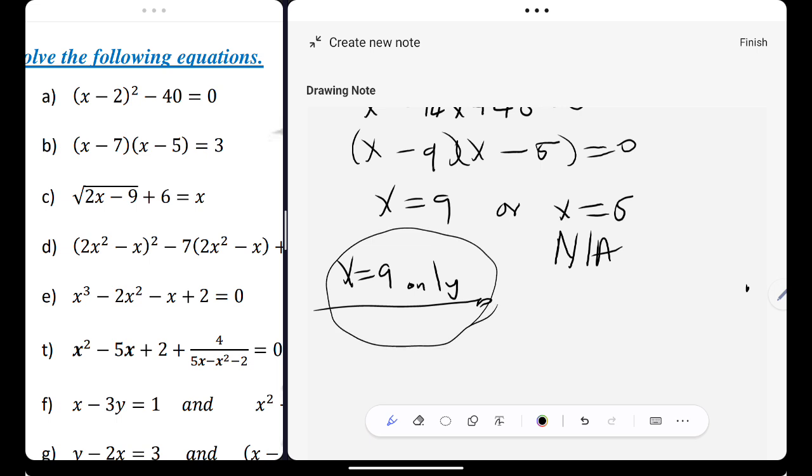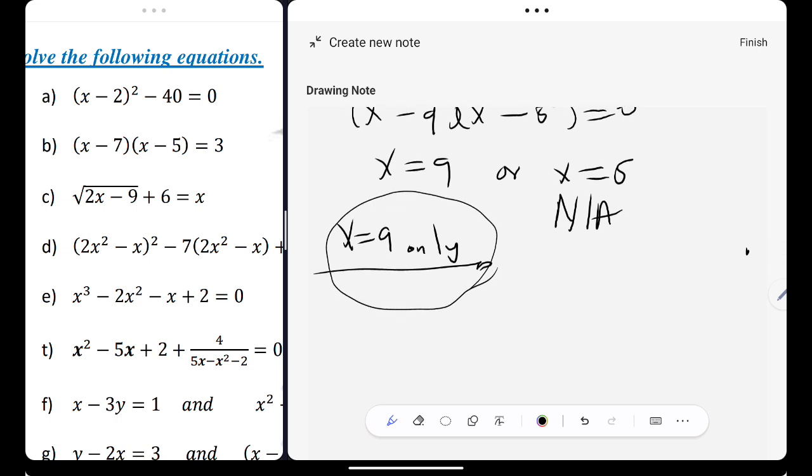If you want to, you can just check on both sides. Substitute if you have the square root of 2x minus 9 equals x minus 6 here. You can substitute both the x values. You can start by substituting 9 whenever you see x. So that means here you put 9 and here you put 9.